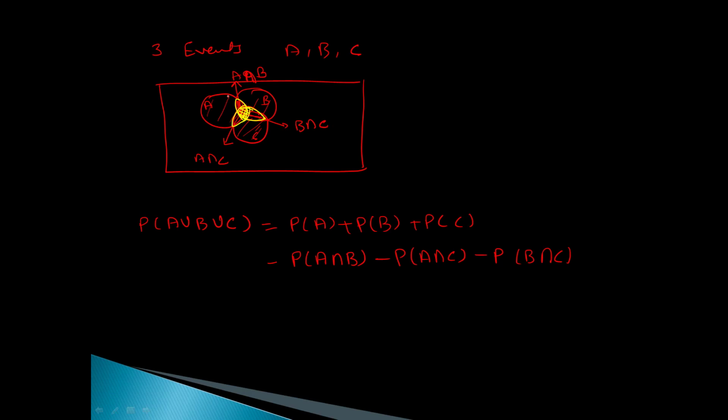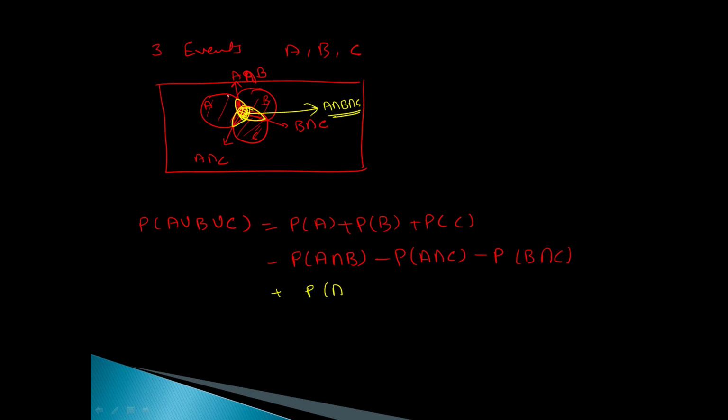We need to add this probability back to get the required region covered. Because it is common to all 3 events, it represents the event A intersection B intersection C. So we need to add the probability of this particular event.